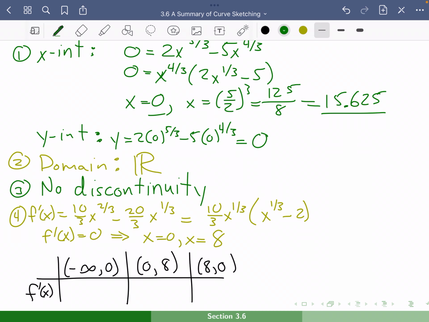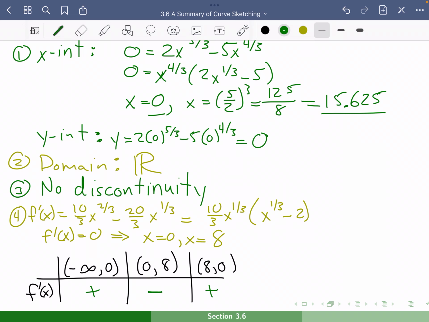Plug in something smaller than 0, some negative value, and we'll have a negative times a negative, which is positive. Plug in something between 0 and 8, like 2. We'll have a positive times 2 to the 1/3 minus 2, that would be a negative value. So positive times a negative is negative. Plug in something larger than 8, and we'll have a positive times a positive.